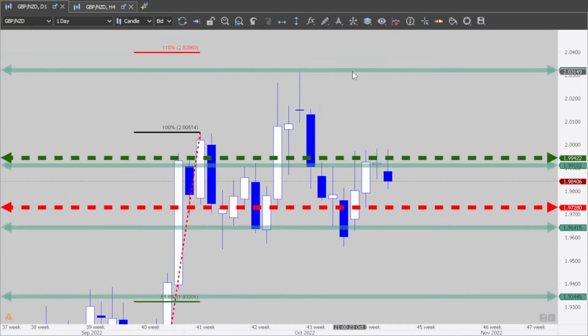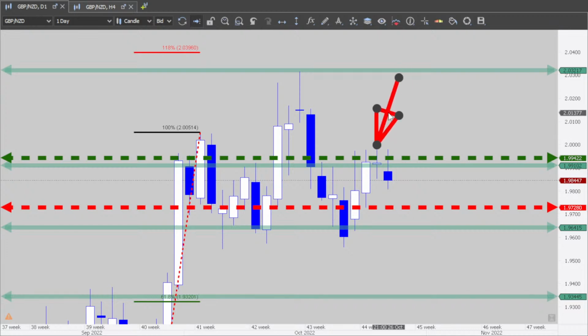Did he obey his strategy rules? He said, I need to see the daily candle closed in my direction. Was the candle yesterday closed in his direction? Not the bullish one, the doji one.